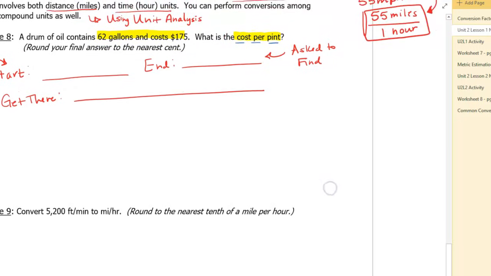So if we think about how we wrote miles per hour, we could write cost per pint as cost over pints. So remember the word per means to divide, and remember the fraction bar is a way to symbolize divide.